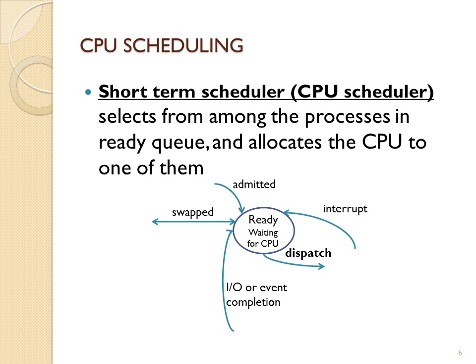So if you take a look at this waiting for CPU, those that are in the ready state, the CPU scheduler has to work very often because it has to deal with all those that are being admitted into the system, being interrupted, coming back from an IO or event, or being swapped back in. And then once the process moves to the front of the queue, then it will be dispatched onto the CPU and it will be in the running or executing state. And this unit is about CPU scheduling algorithms.